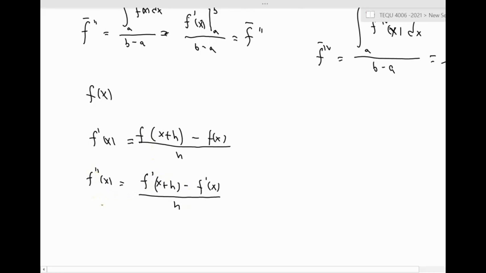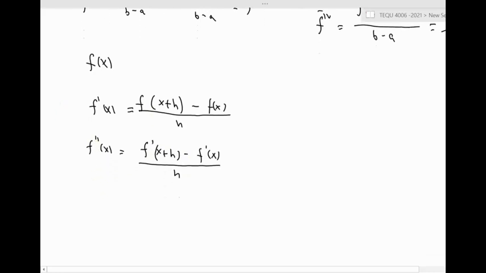Now, before doing that, let's understand what f prime of x plus h is, because that has to come from here. It's as simple as substituting x plus h here and seeing what happens. So you have x plus h, and you put all of this where x is.